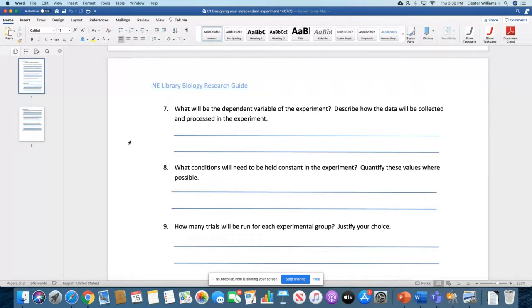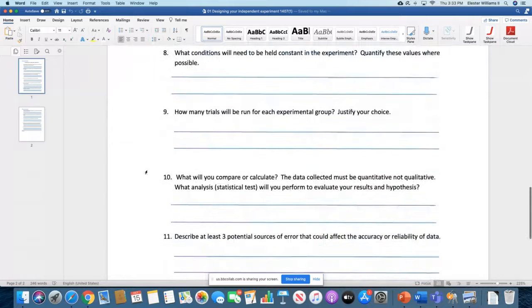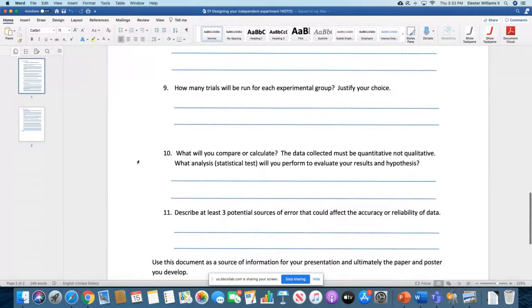So one thing to make sure of is that you know how big your sample size is. So how many people you are going to conduct the experiment on, or how many organisms, and for what duration of time, how long, and how many trials. Will you repeat this experiment? And then of course you will look at what kind of statistical tests you will run on your data. We've looked at chi-squared, t-tests, and linear regression.